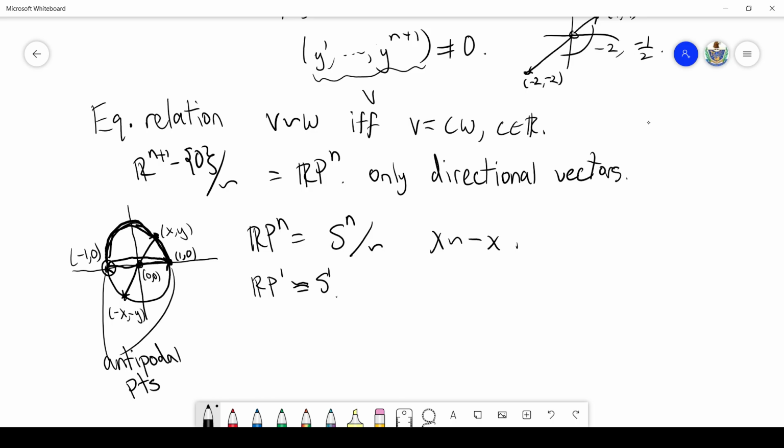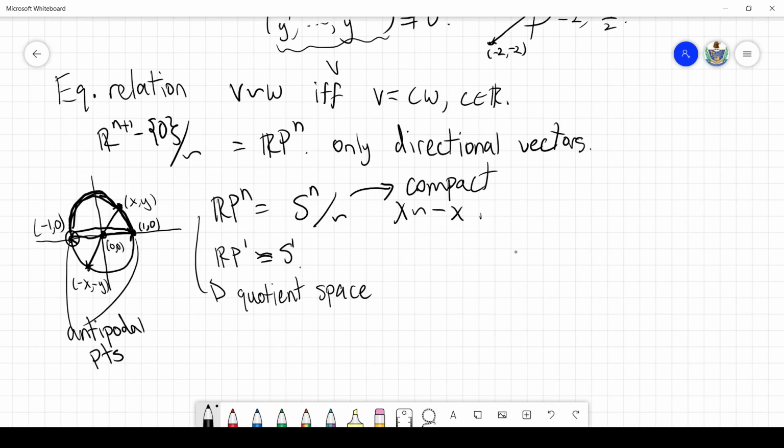This relationship also implies that the real projective spaces are compact, because S^n is compact. Another way of saying this, by the way, is that RP^n is a quotient space, and so we could give it the quotient topology, which I described in the last video. If you take a compact space and take a quotient space of it, then it will also be compact.